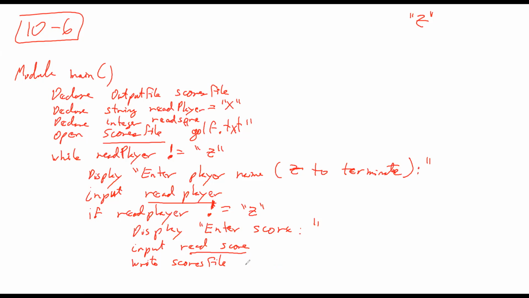Actually, it should be read player first, I guess. Read player and then read score. Okay, so I've got those two in there. It's good. And then we end if.